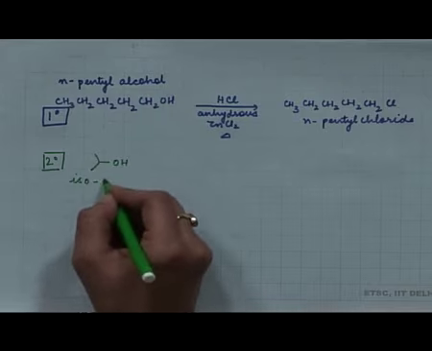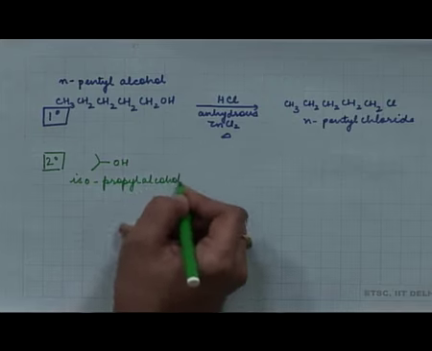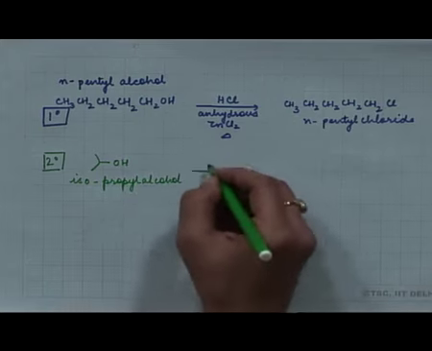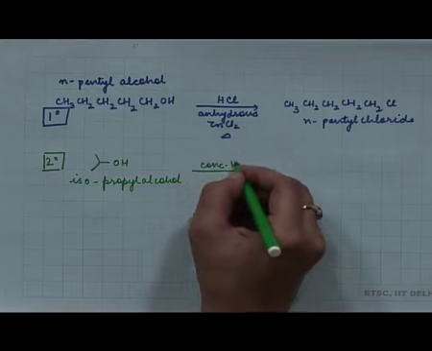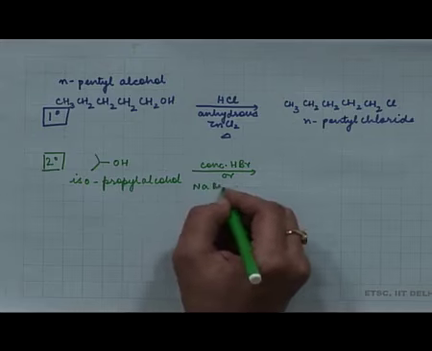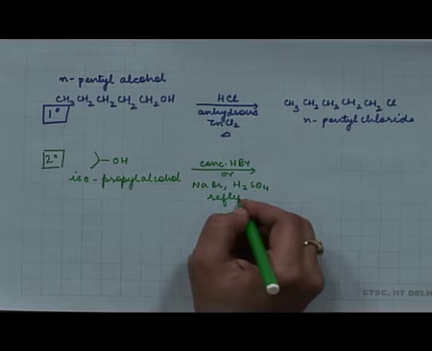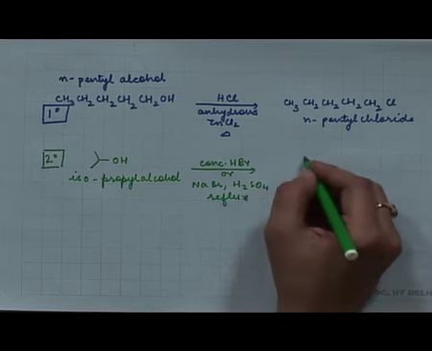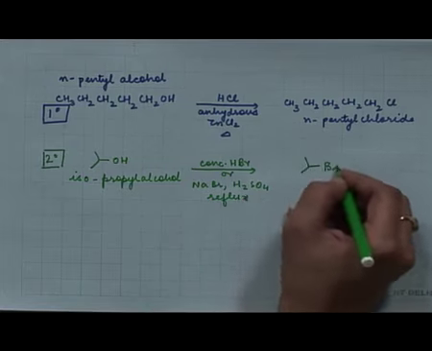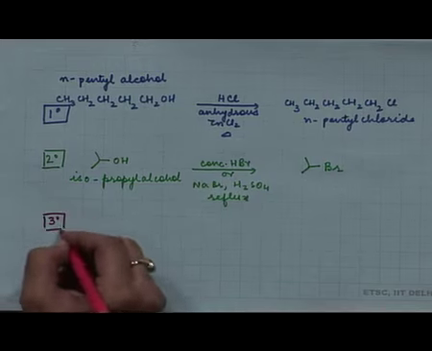If you start with a 2 degree alcohol, let us say isopropyl alcohol, you treat it with concentrated HBr, or the other bromide source could be NaBr with H2SO4. Under reflux conditions, as we just discussed, you get the corresponding bromide.